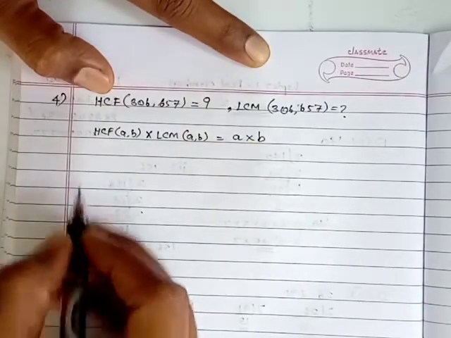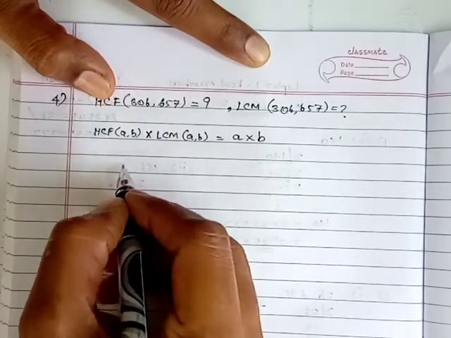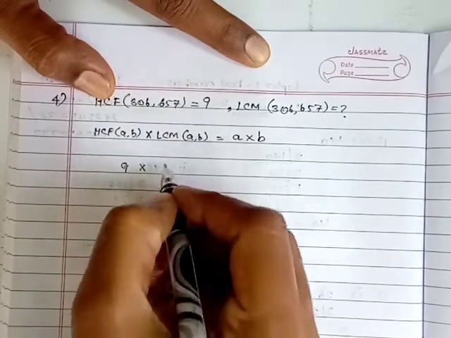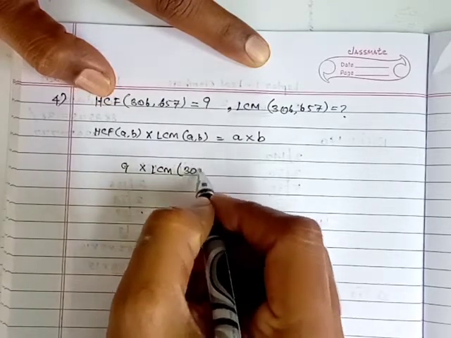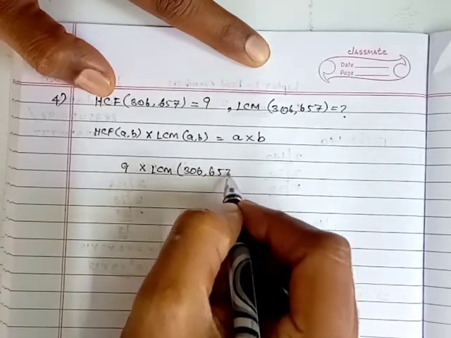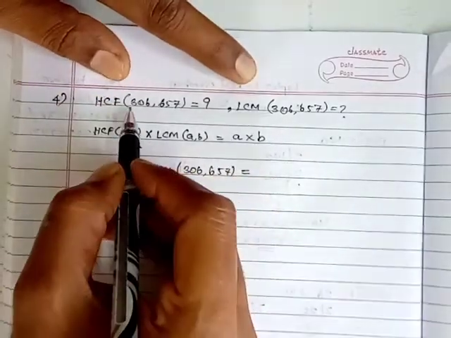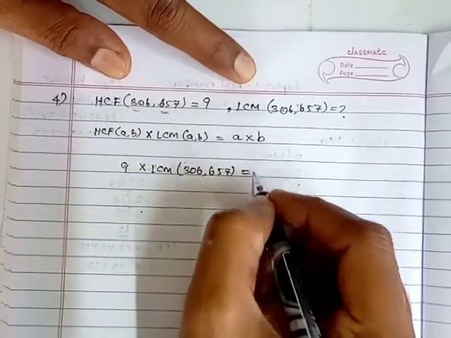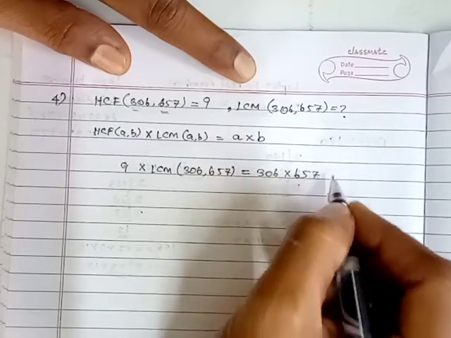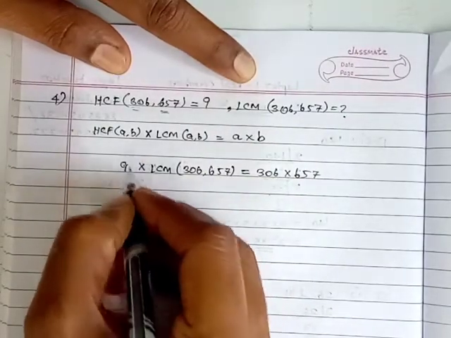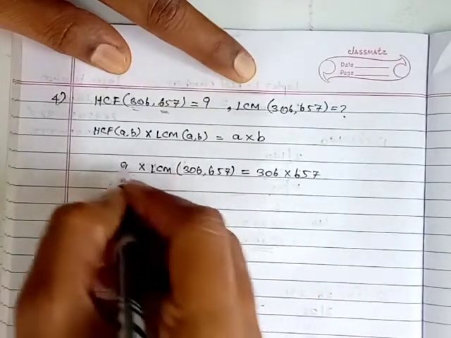This is a formula. Here we know that HCF of 306, 657 is 9, into LCM of 306, 657 which we have to find, that is the product of those numbers. What are those numbers? 306 and 657. So 306 into 657. If 9 goes to the other side of the equation, it will divide this number.